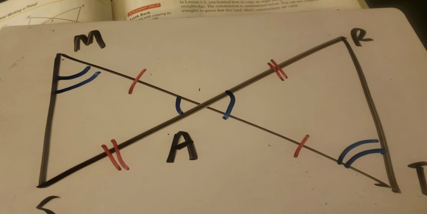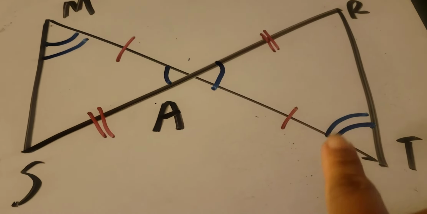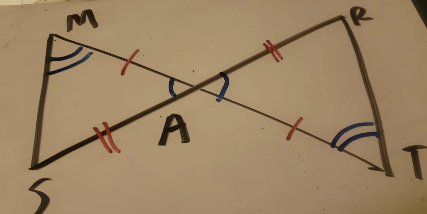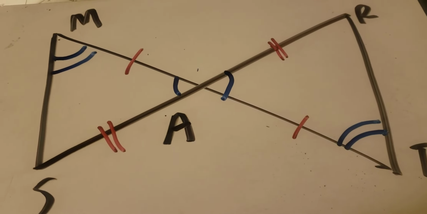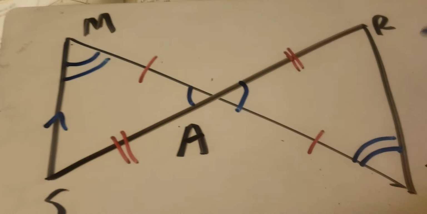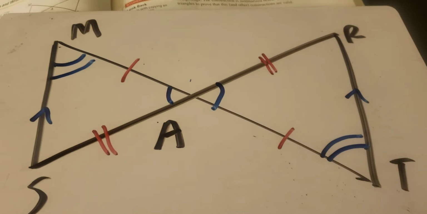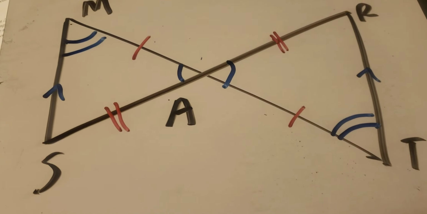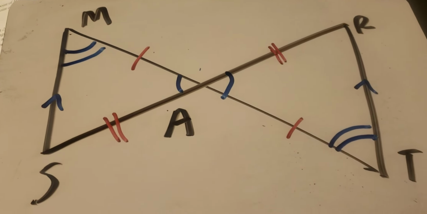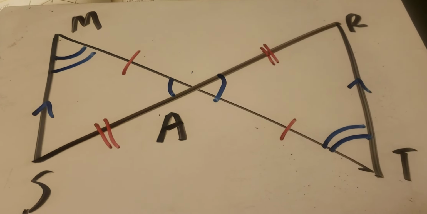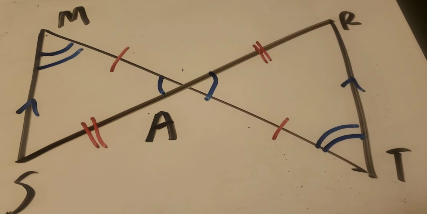Well, then I could say, you know what? If these two are congruent, those are alternate interior angles. And if those are alternate interior angles and they're congruent, then I have enough to say that these lines are parallel. And what's the reason? Alternate interior angles converse theorem. So I've basically proved that these two triangles are congruent and then ultimately proved that the lines are parallel.